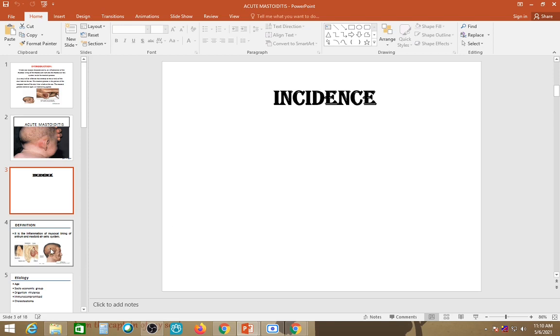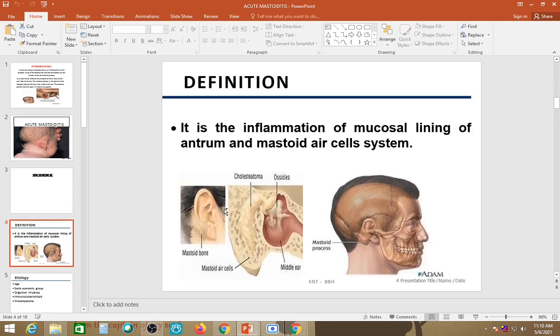And the definition of acute mastoiditis, we already got the concept from the introduction part. It is the inflammation of the mucosal lining of the antrum and the mastoid air cell system. You can see this is the mastoid process, and the middle ear, how it's located inside the skull.